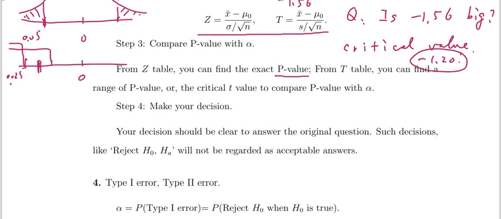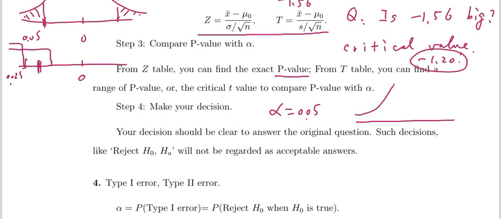Suppose alpha is 0.05 and we want to find the z critical value. If this side is 0.05, then we want to find this cut point. This is the critical value.